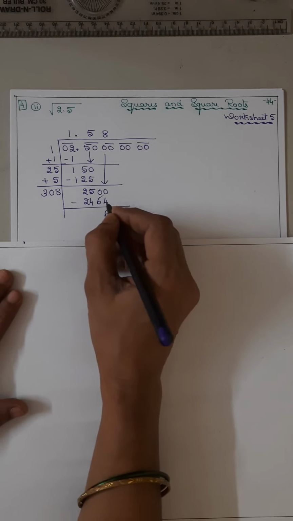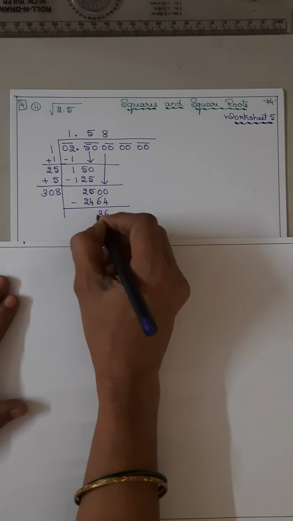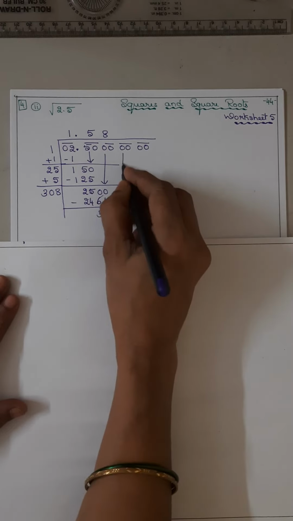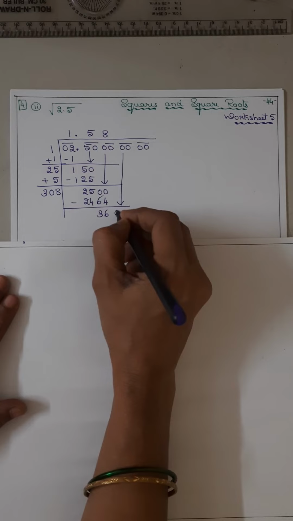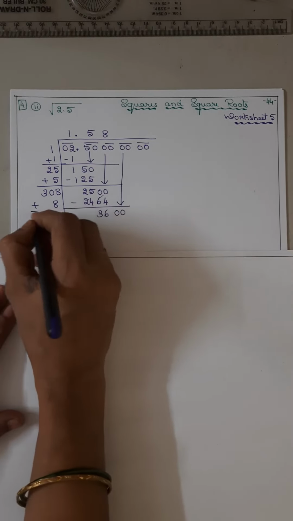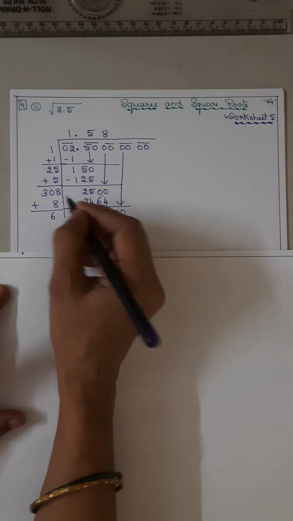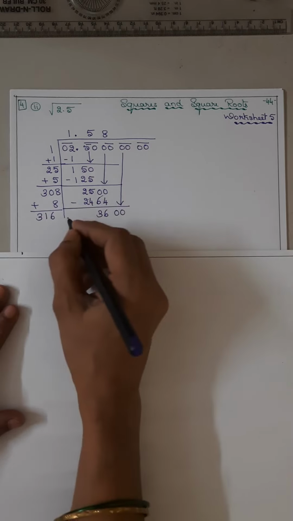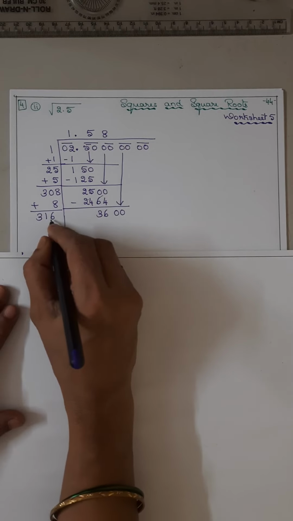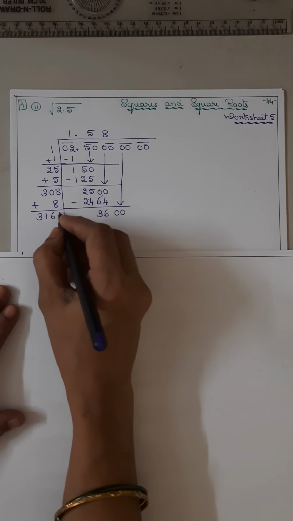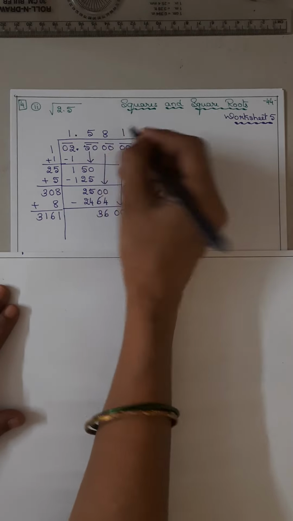9 minus 6 is 3. Here it is 4 minus 4, 0. 2 minus 2, 0. Bring these two zeros down. Add 8. 8 plus 8, 16. 1 plus 0, 1. Then 3 as it is. Now here it is 3 digits and 4 digits. So 3 how much are 3? It's only 1s.